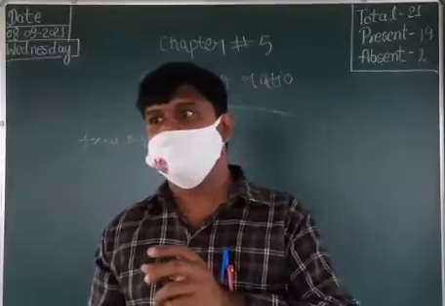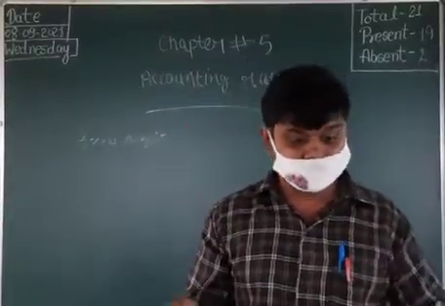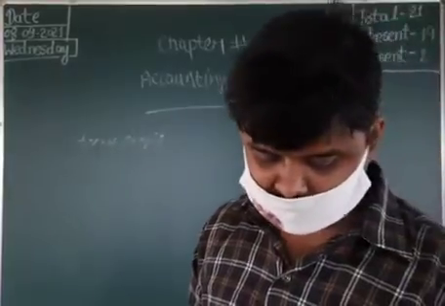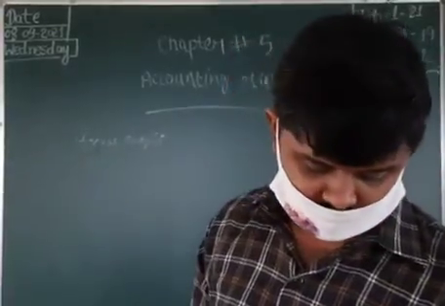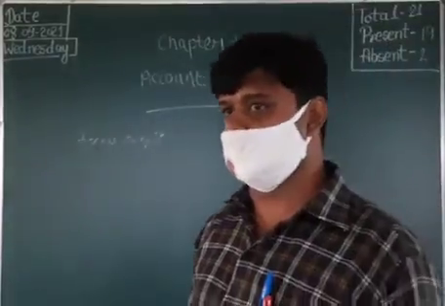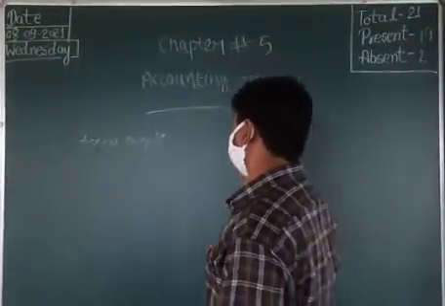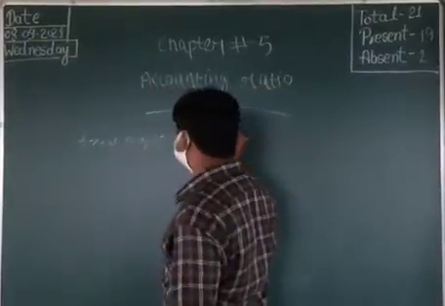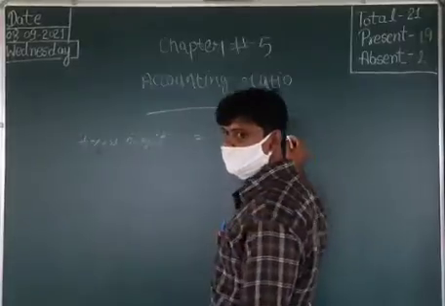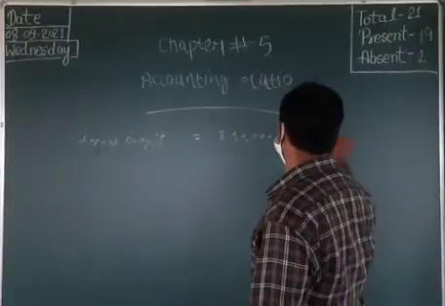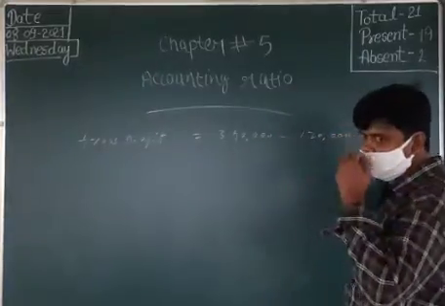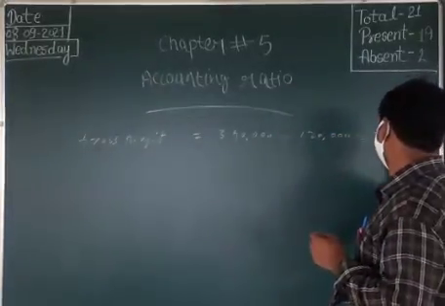Here all the items are not given, but directly it is given that revenue from operation is 3,40,000 and cost of revenue is 1,20,000. So we reduce the cost: 3,40,000 minus 1,20,000. How much is that amount? 2,20,000.